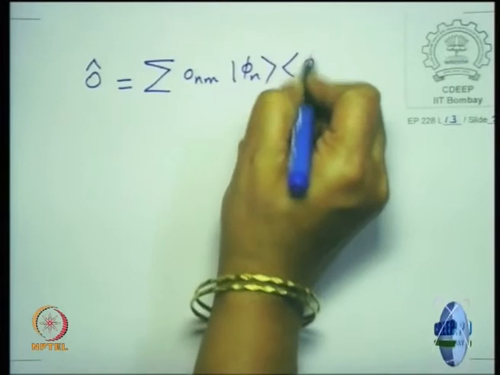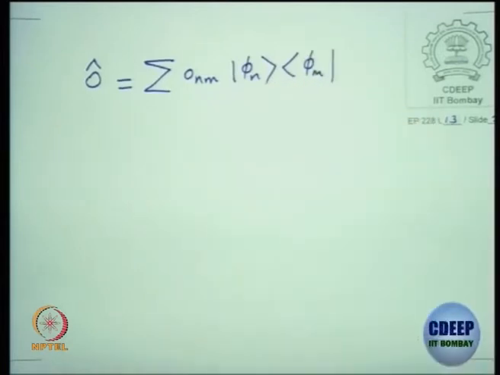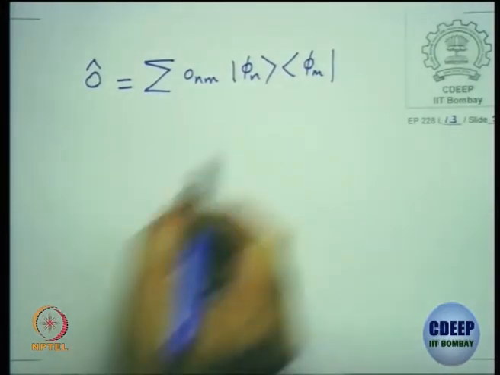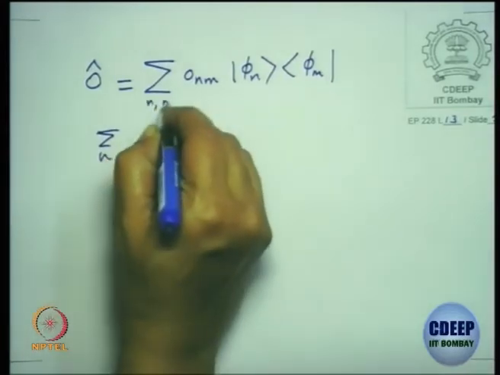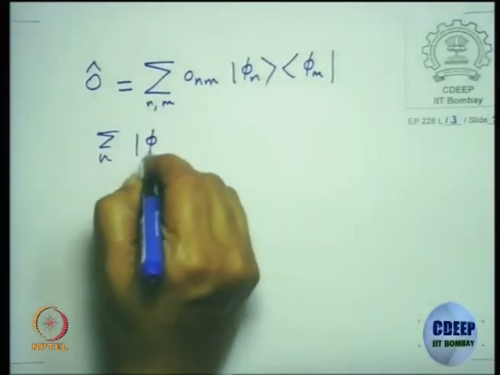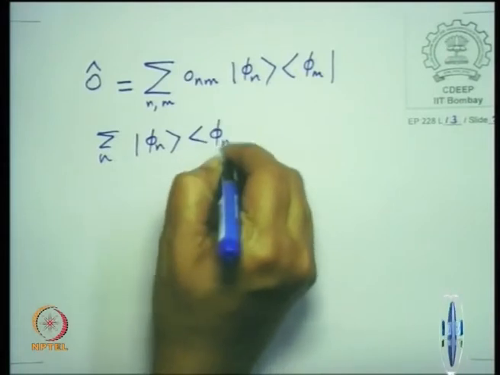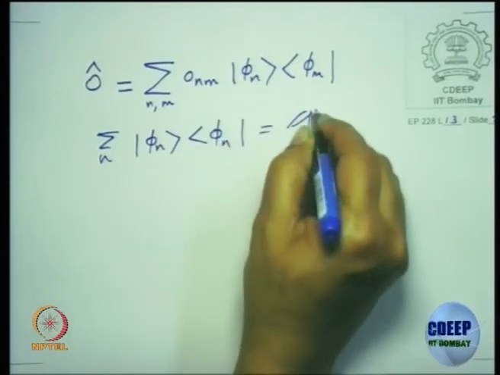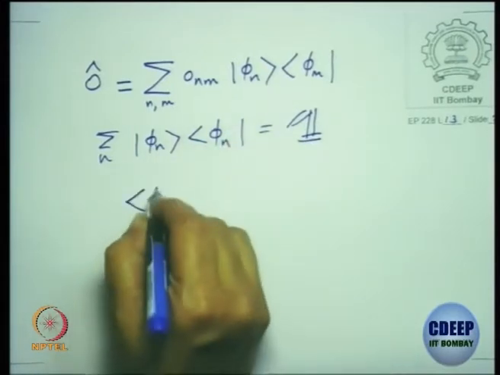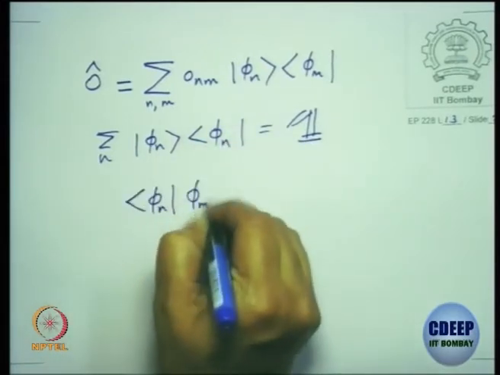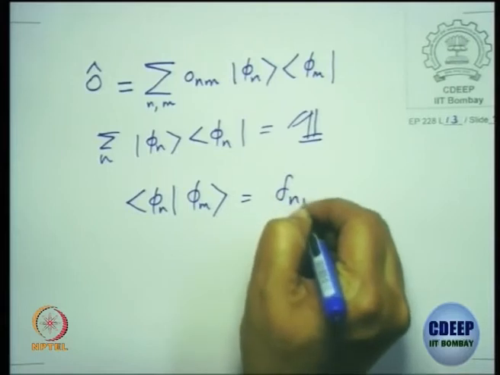So these are the complete set of bases. What do we mean by complete set of bases? The summation over n of |phi n><phi n| is the identity operator, and for convenience we also take them to be orthonormal, <phi n|phi m> equal to delta nm.